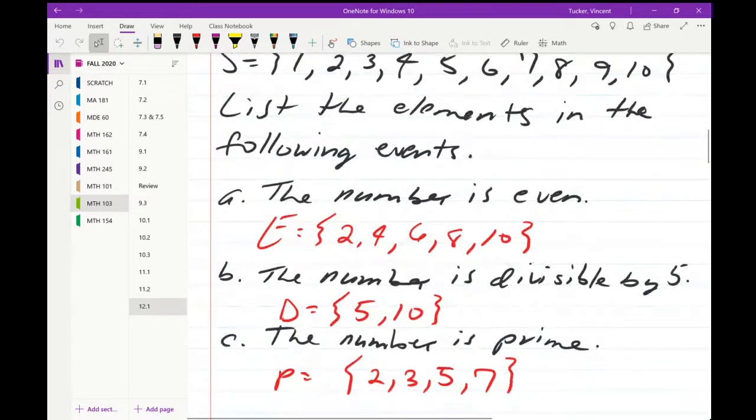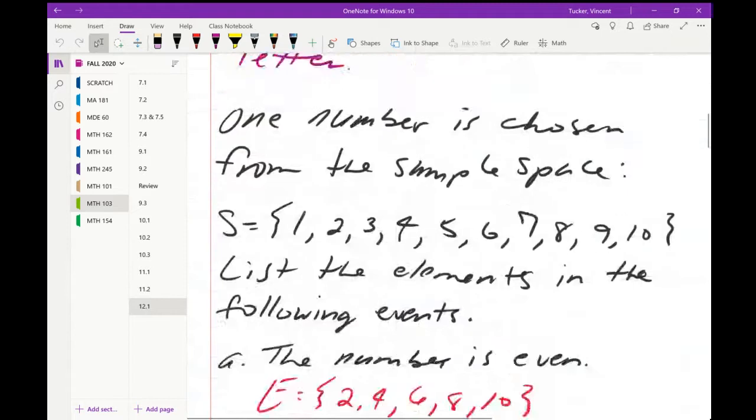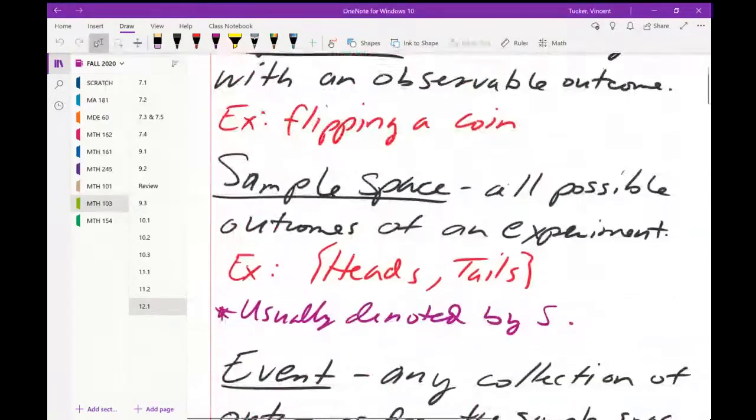Any questions? Hi, good morning. I was wondering if you could go back to the experiment definition. Absolutely. All right, hold on. All right, you said going right here.